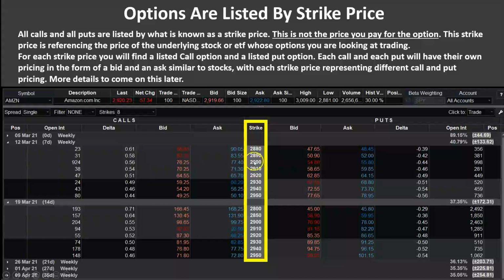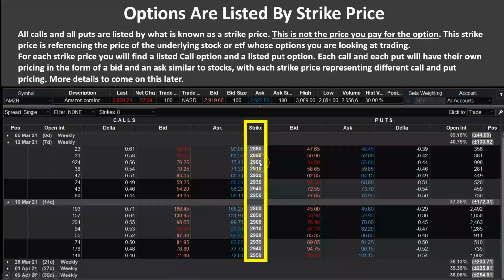But at 2,900, if Amazon were trading at 2,900, when I took the screen capture, it was trading at 2,920. But at 2,900, you can buy puts for $54.80 bid price, $55.80 ask. So this is what you would pay, it would be $55.80. Or you could buy calls, $77.40 ask by $76.25 bid.